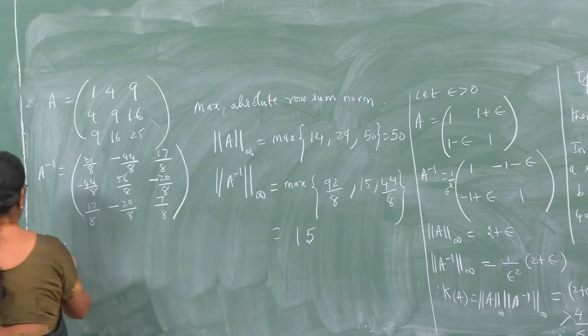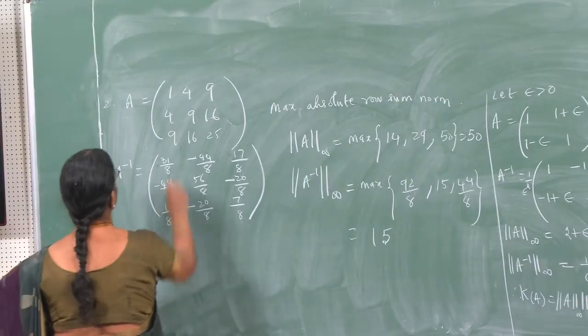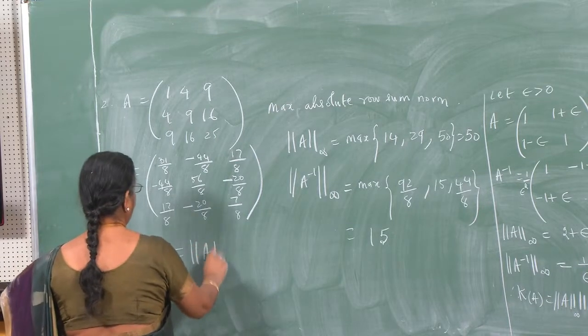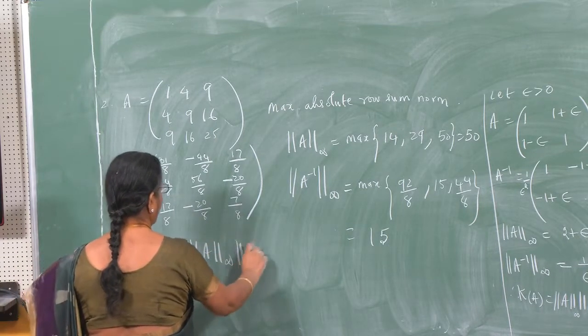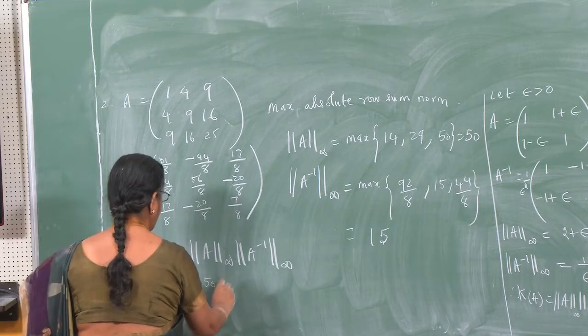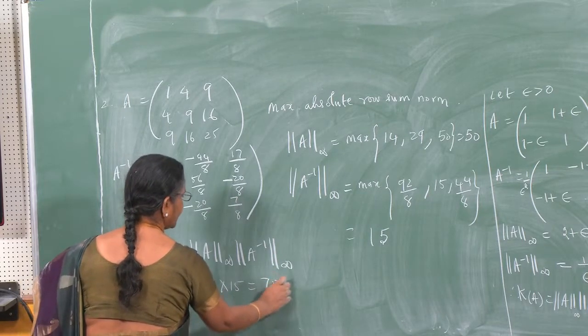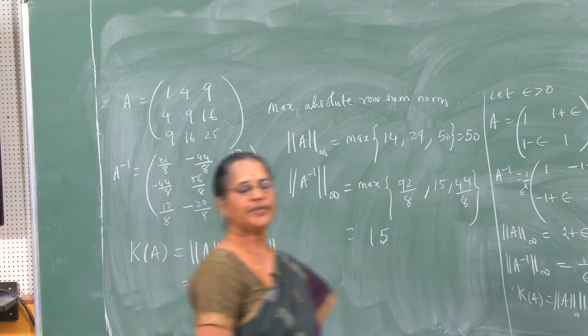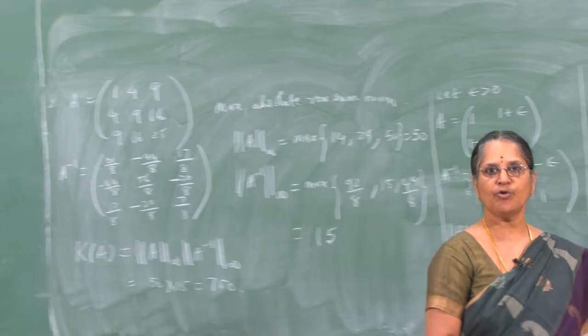So, we evaluate the condition number of the given matrix A, and that is norm A infinity into norm A inverse infinity. It is 50 into 15, that is 750, which is large as compared to a value which is 1 or close to 1.